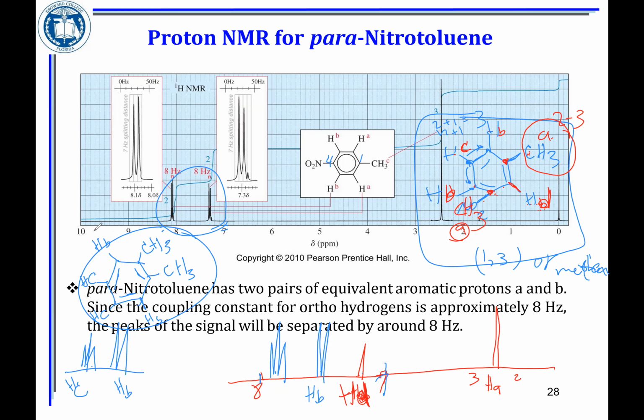It's kind of clear, unless you didn't count the number of hydrogens properly. For hydrogen C, you have a hydrogen at the hydrogen B position and then the other hydrogen C. So you count 2 for each one, and 2 plus 1 gives you a triplet.